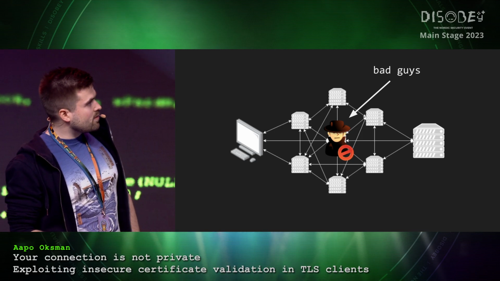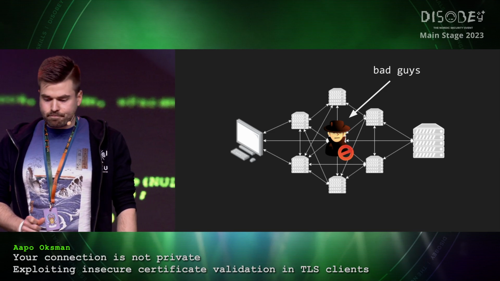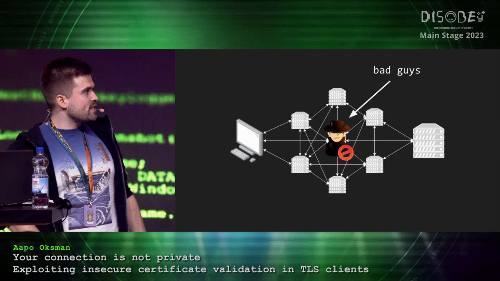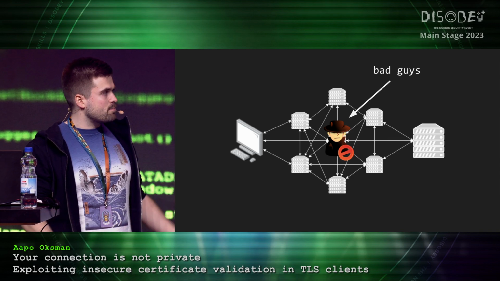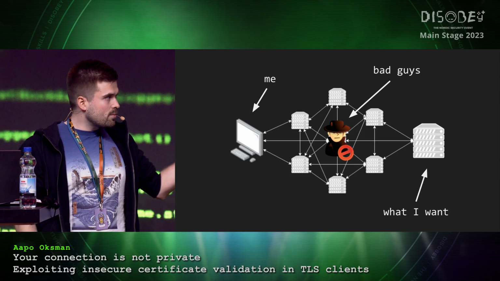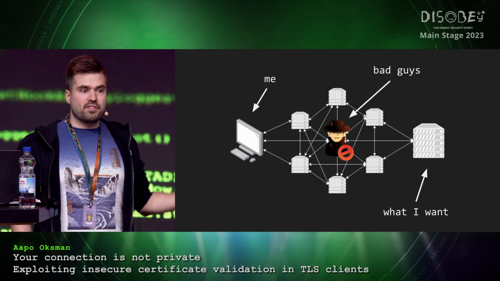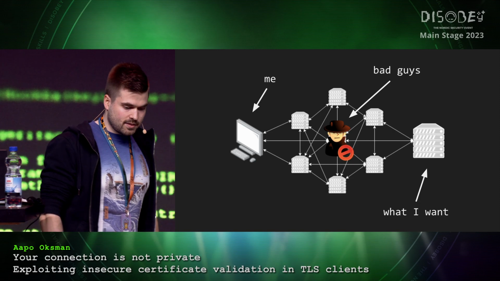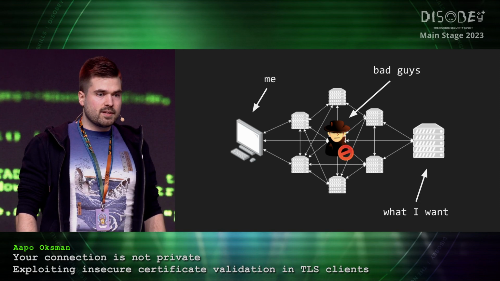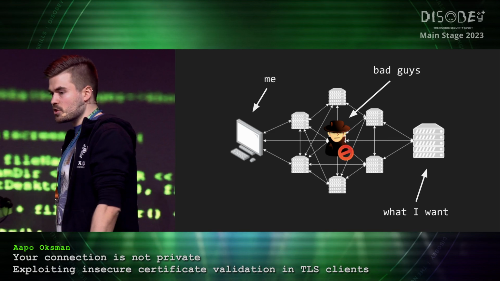So there's a problem. We have this big mess, complete with computers, networks, bad guys, whatever. And there is something that we want on the other side. And this is the core problem that TLS is going to solve.